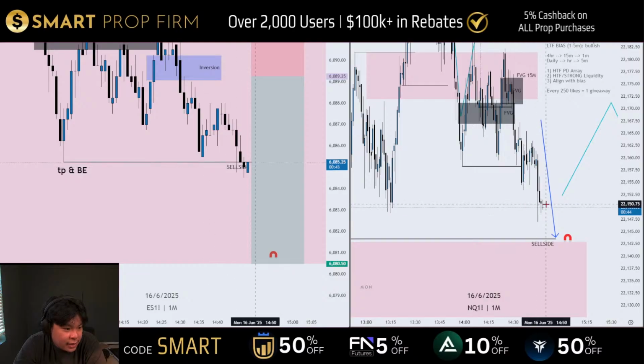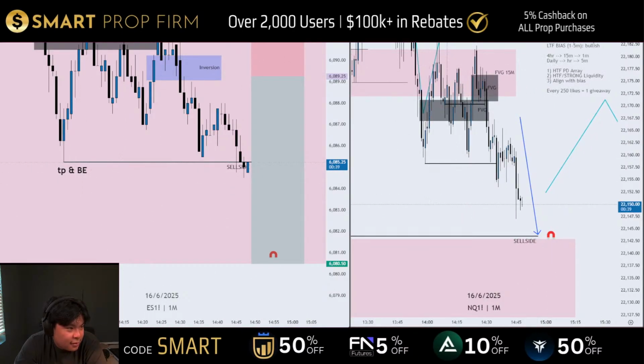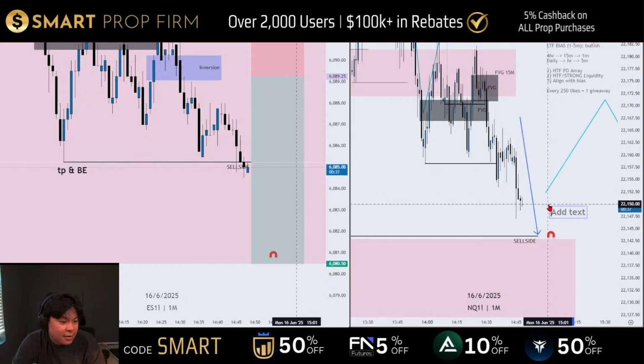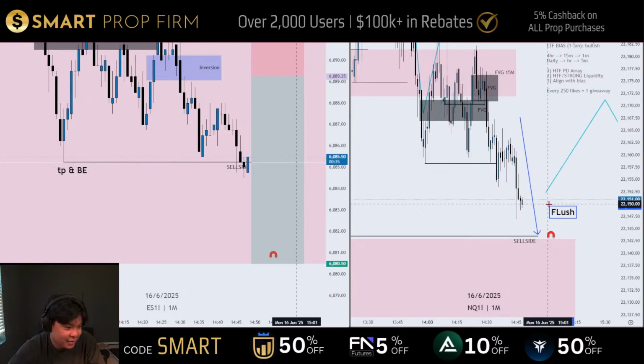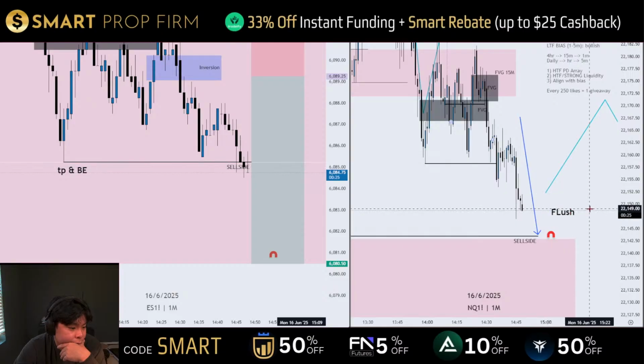NQ flushes, ES flushes with it. Come on. I need to type it out too. Flush. Any moment now.